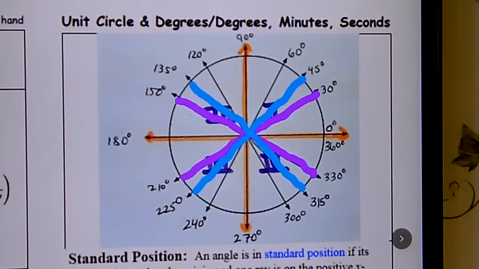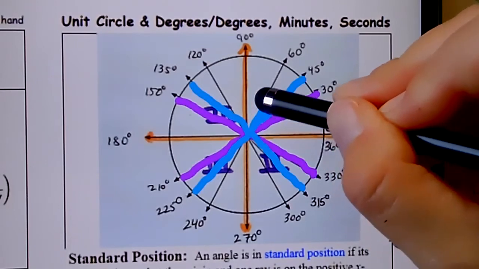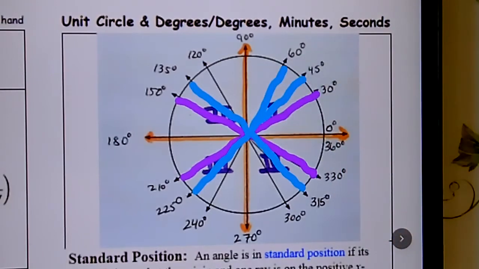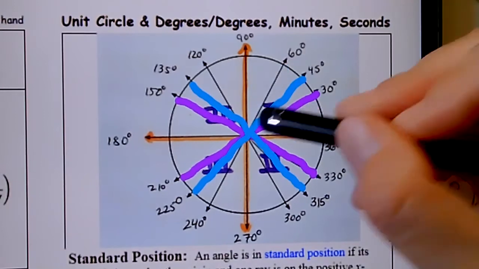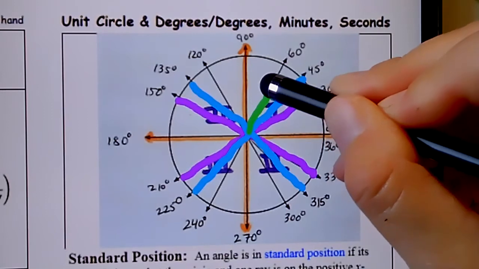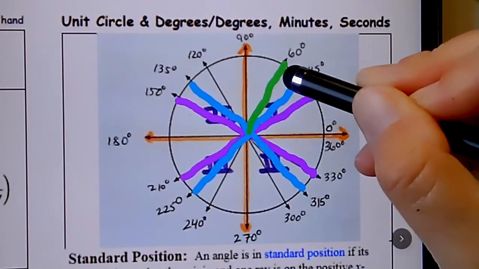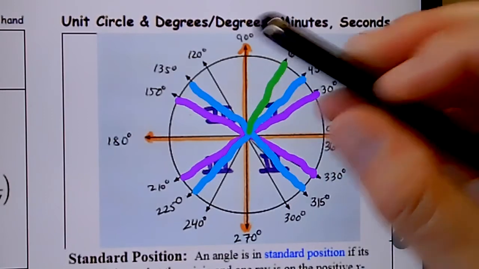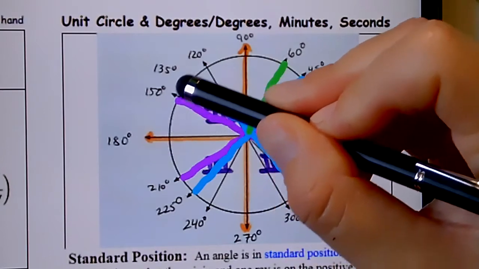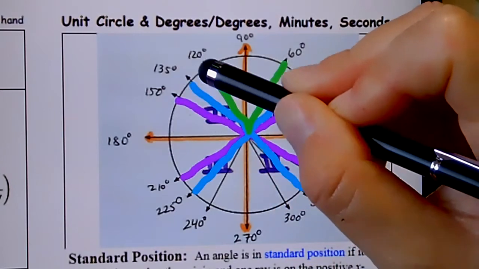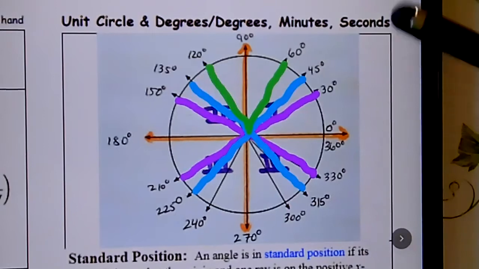Let me get another color. So we've got our 60 degrees here. Whoops, let me undo that. Get a different color. So my 60 degrees is, again, 60 degrees above the x-axis. Over here on this side, 120 is 60 degrees above the x-axis.